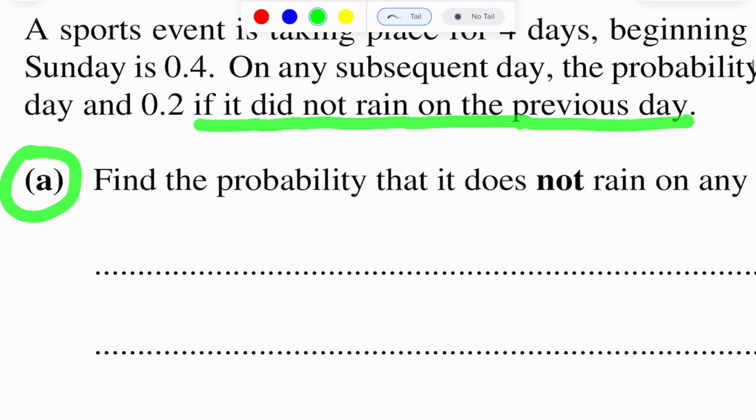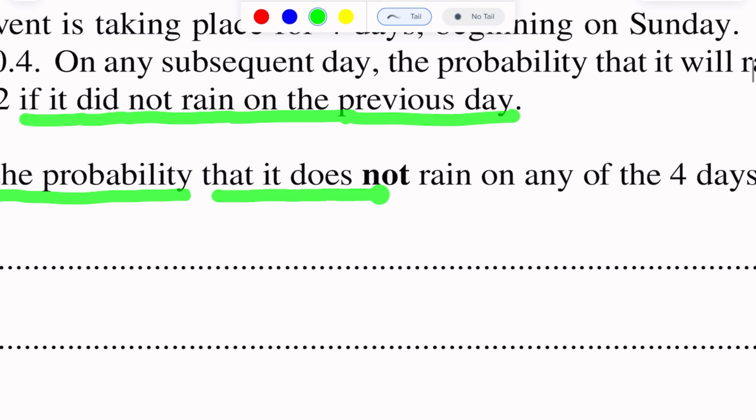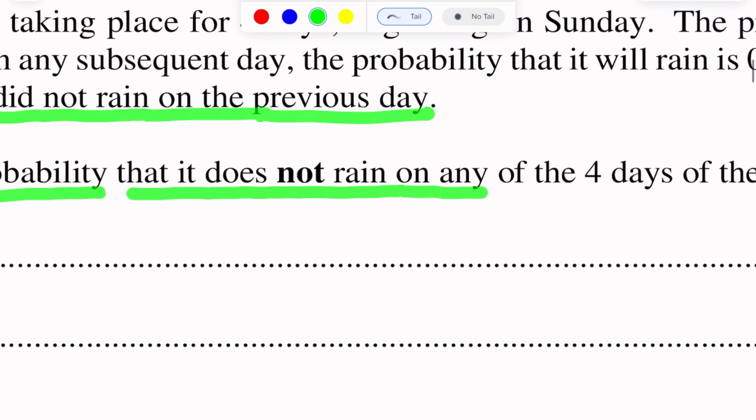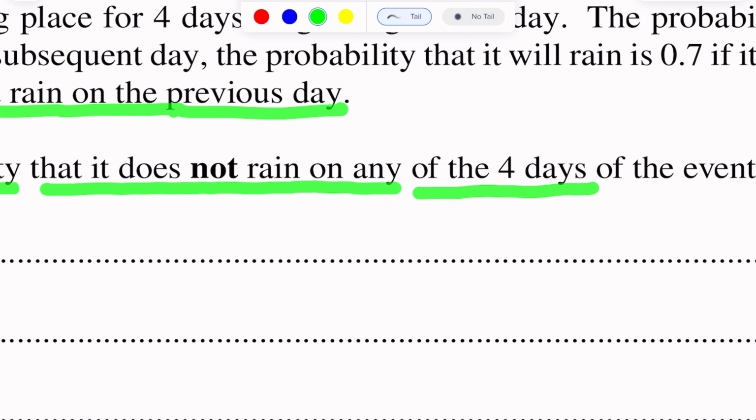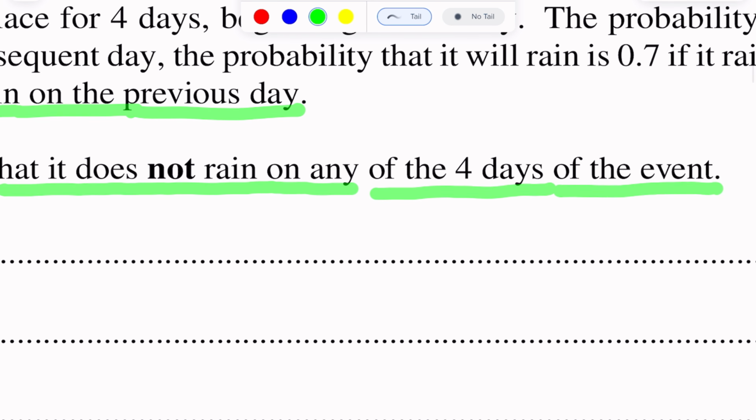Part A of this question, find the probability that it does not rain on any day of the 4 days of the event.